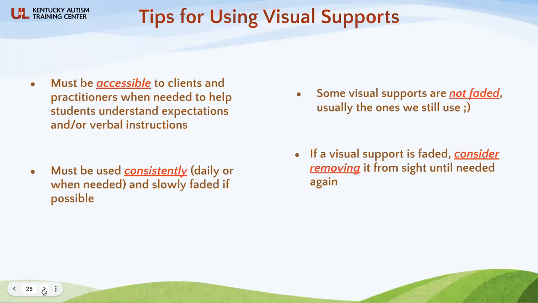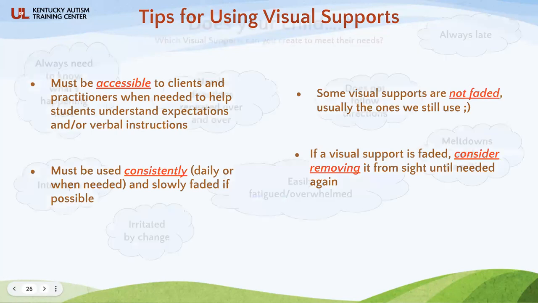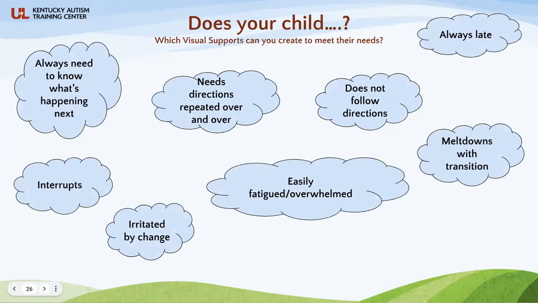So some of them are a life skill that you're teaching them. And if it is faded, please don't let it become visual noise and a distraction. Put it away until it's needed again, or you can turn it into a different visual support. So now when I ask you this question, does your child, and you see these clouds, which visual supports can you use to meet their needs?